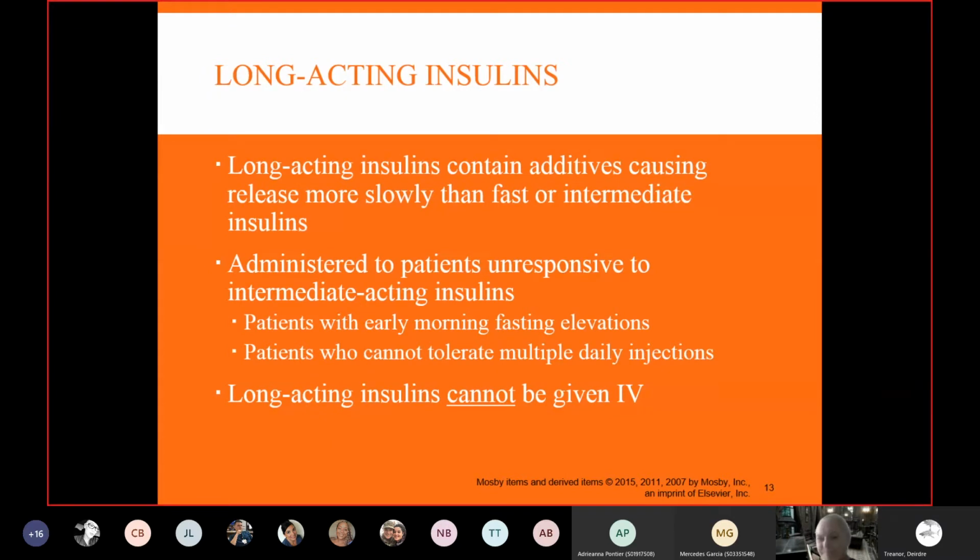Yes, Natalie. Looking at the sheet that you gave us, did we cover whether a suspension can be administered intravenously in an emergency? Number 4.